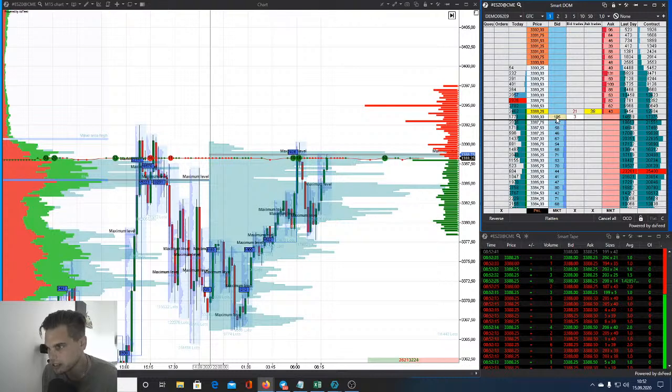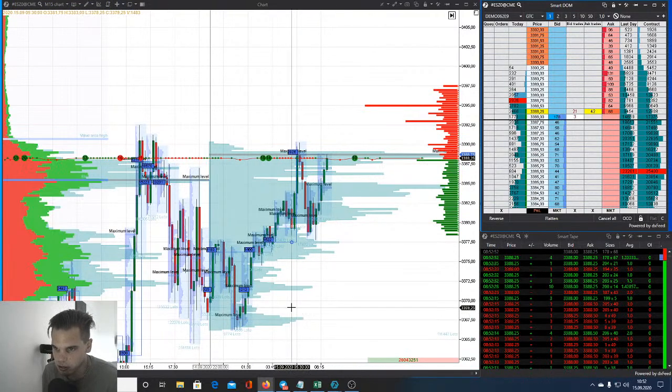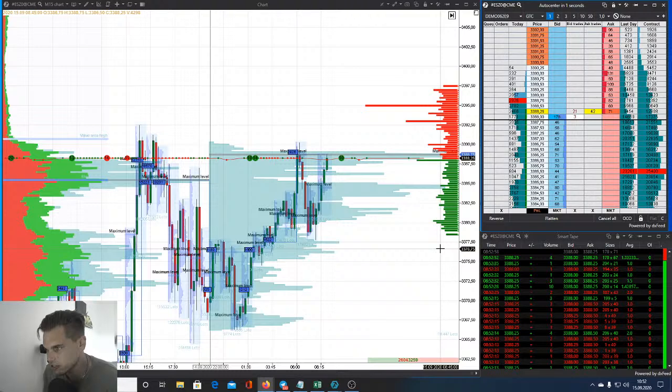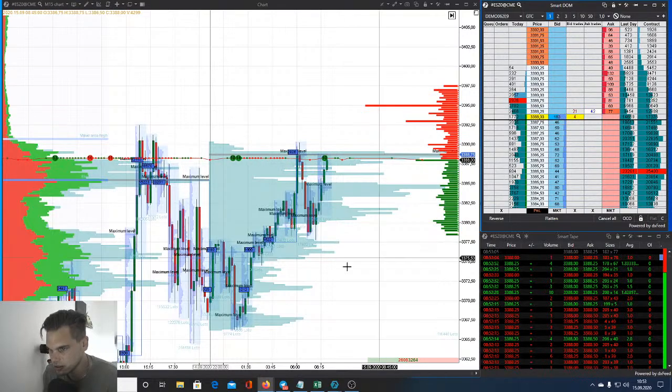If they keep stacking these buy limits here and take all the liquidity, it means they take out the sellers, the retailers who are selling this resistance, and then the price will just boom, explode. And we see bigger buy orders here right now, since we are at this resistance. Means there's more liquidity for the bulls, and this is why they buy right now. Let's see how this is going to end up.